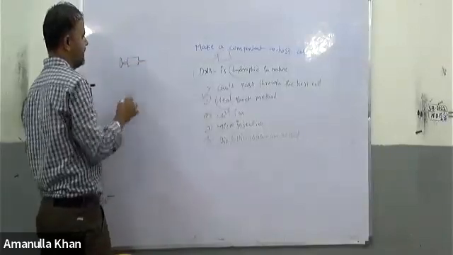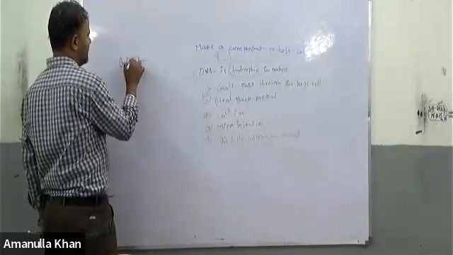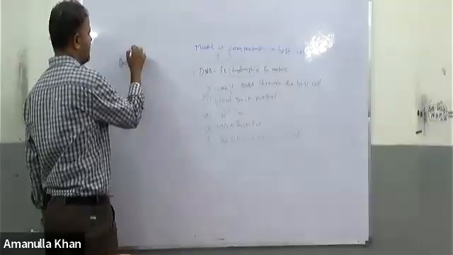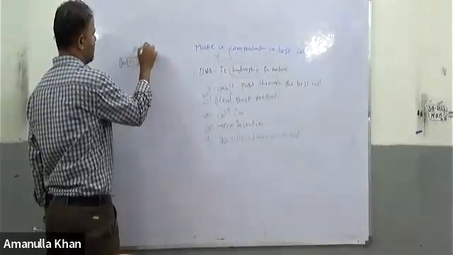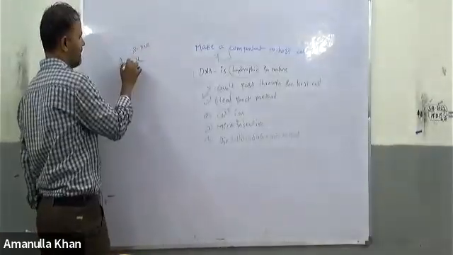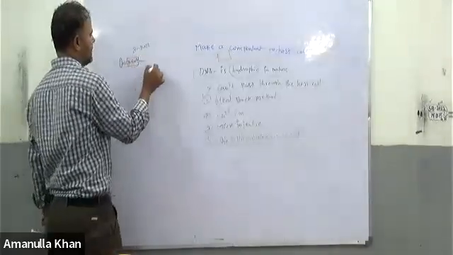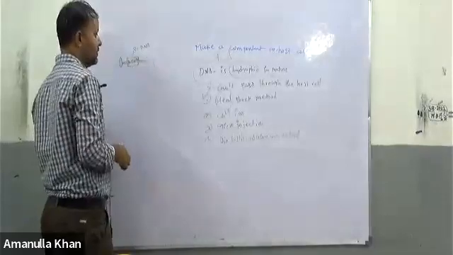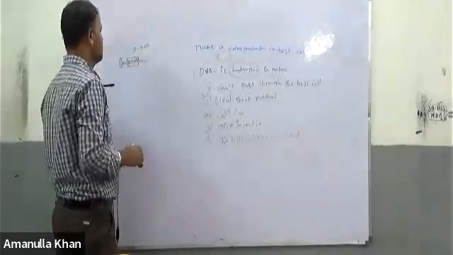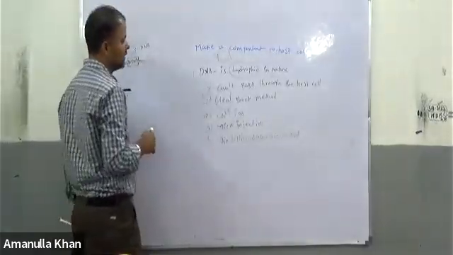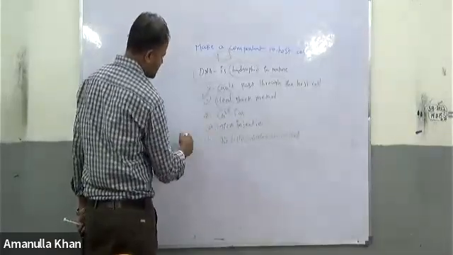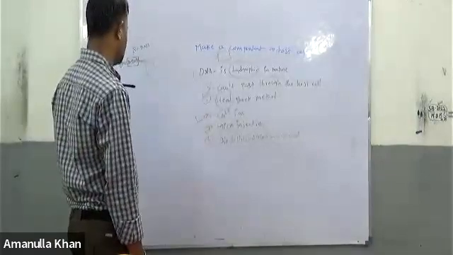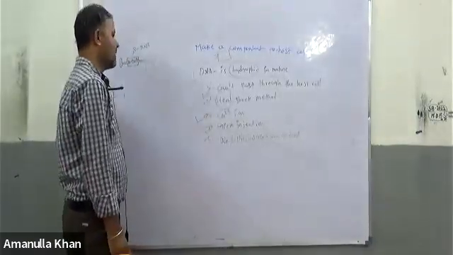Okay, in the needle we take the rDNA, and that rDNA is directly injected into the nucleus of the animal cell. This technique is only possible in the animal cell, not in the plant cell, because the plant cell has a rigid cell wall. That's why this is not possible in the plant cell.